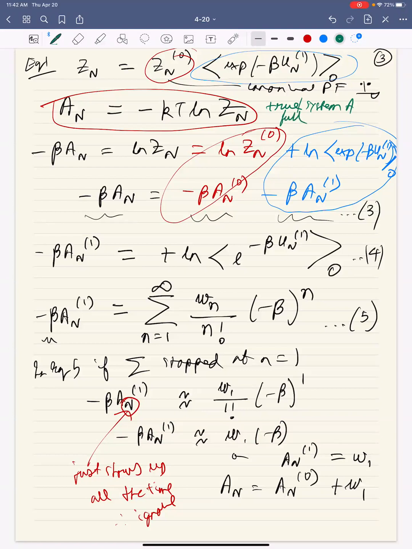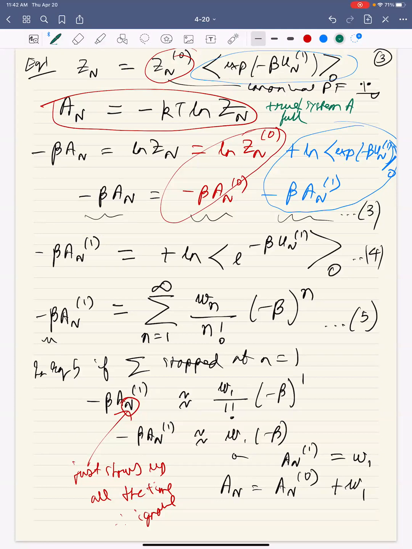If A_N equals minus kT ln Z_N, where N just denotes N particles, then minus beta A_N equals ln Z_N. And ln Z_N is ln Z_N^0 plus the log of the average of that exponential, as per Zwanzig's relation.